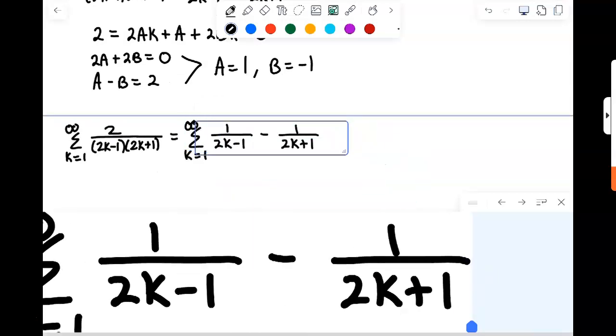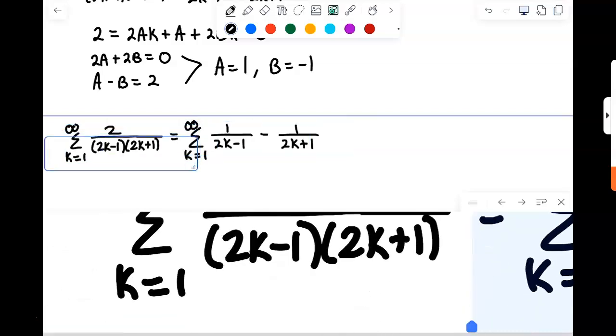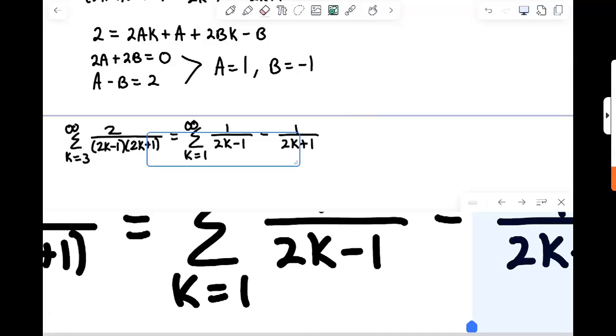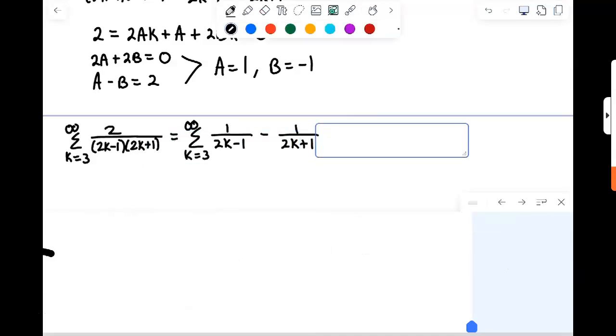I said k equals 1, but my sum is actually k equals 3, so stay with the original limits, those won't change. And that is the format of a telescoping series.